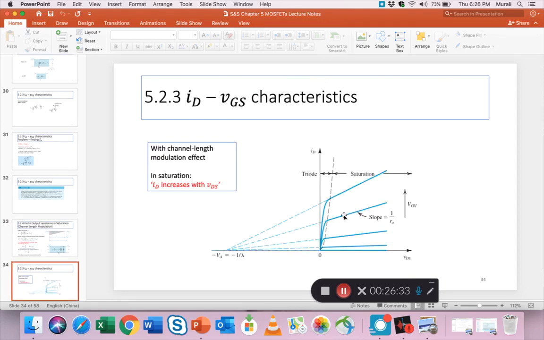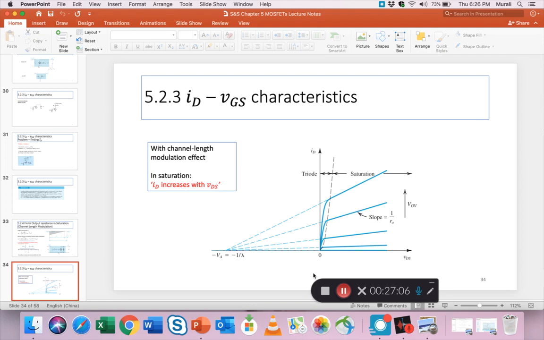I also brought this graph in because I think I probably missed it. What this shows you is that in the triode region the current ID in the device goes up as you increase the drain to source voltage. You keep the GS voltage constant and you increase the drain to source voltage, and the current goes up. And then we thought it's always flat in saturation, that it doesn't increase.